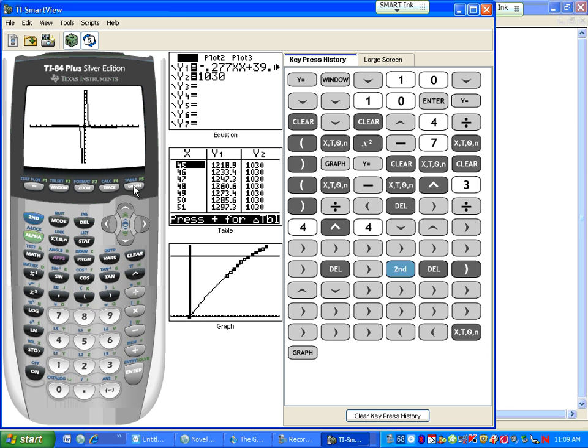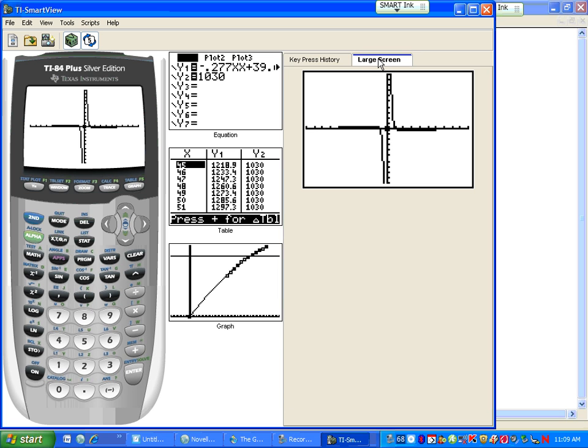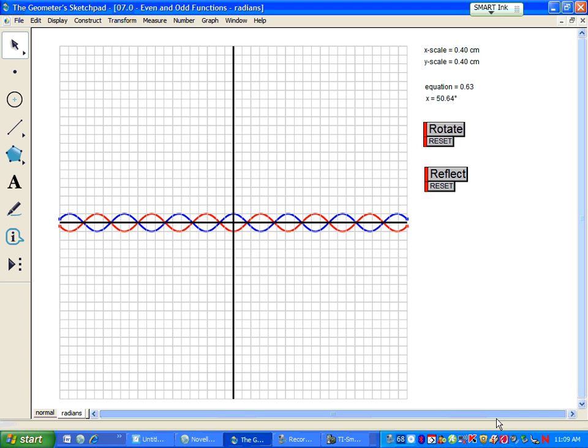Now think about that. We said it was odd, right? If you put your pen in the middle and flip this around, would it work? Large screen? Yeah, now let's see how fancy I am. Oops, I didn't mean to do that.